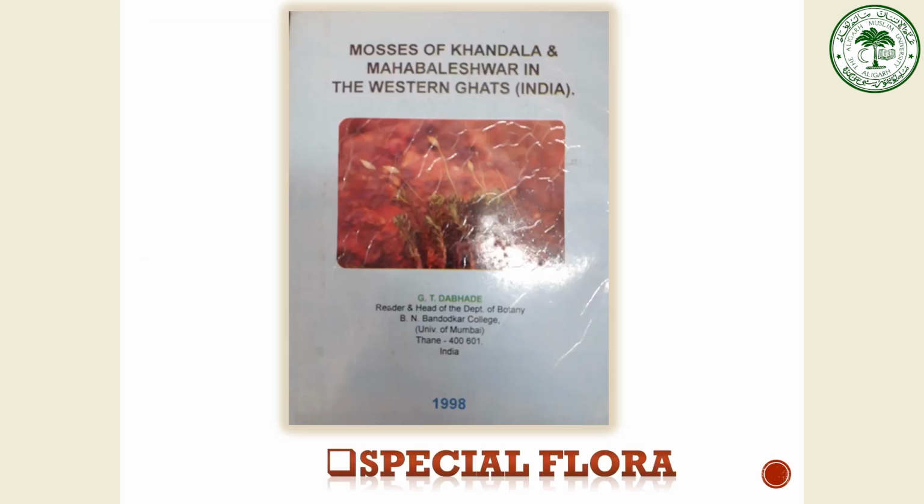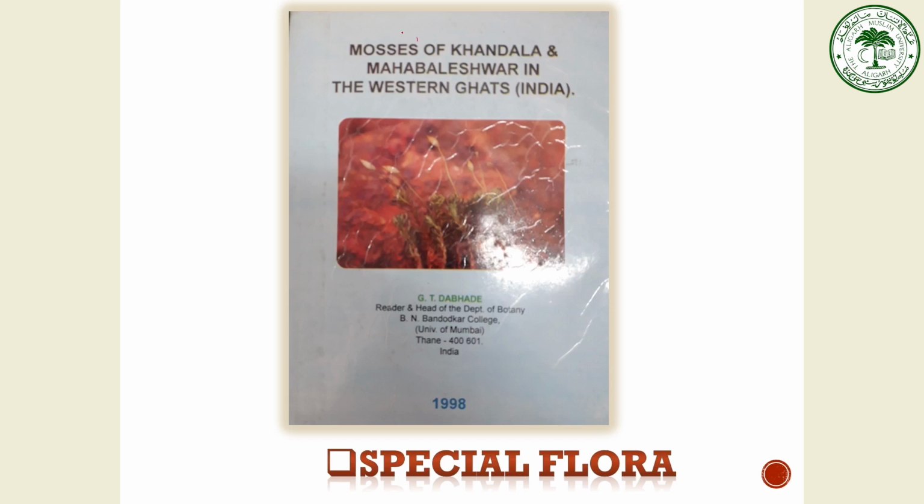In this, this is the mosses of Khandala and Mahabaleshwar in the Western Ghats. So this is covering just mosses. Mosses belong to the bryophytes. Bryophytes are divided into three groups: Anthocerotopsida, Hepaticopsida, and Bryopsida.